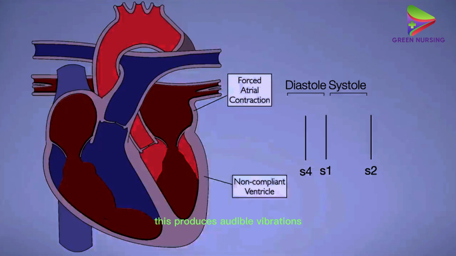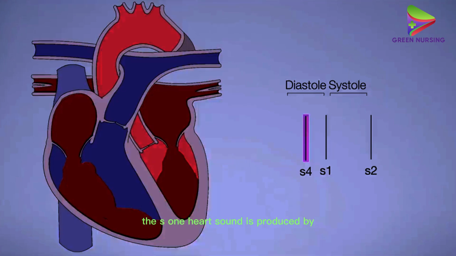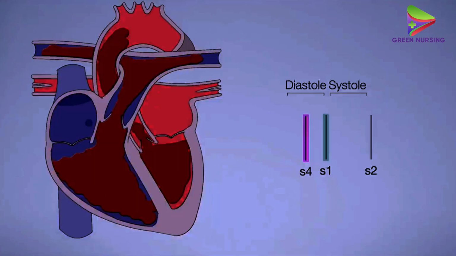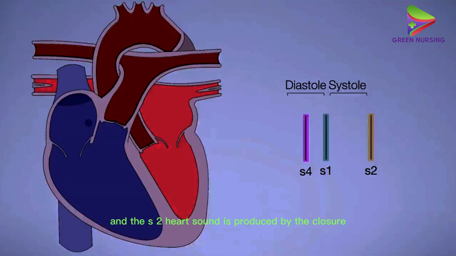This produces audible vibrations which are heard as the S4 heart sound. The S1 heart sound is produced by closure of the tricuspid and mitral valves, and the S2 heart sound is produced by the closure of the pulmonary and aortic valves. Let's add in the heart sounds now so that you can see this work. We'll start this one in slow motion and then speed it up to real time.